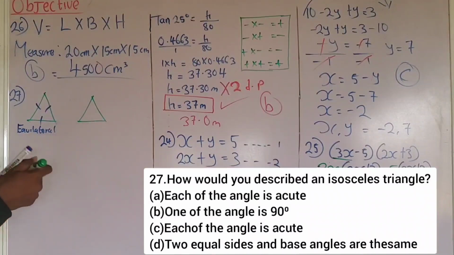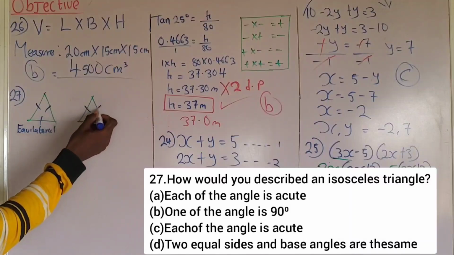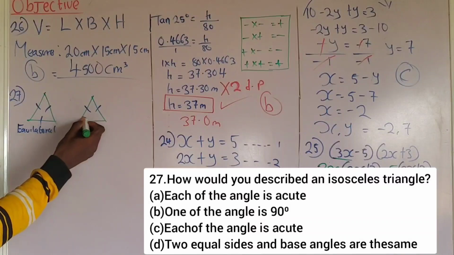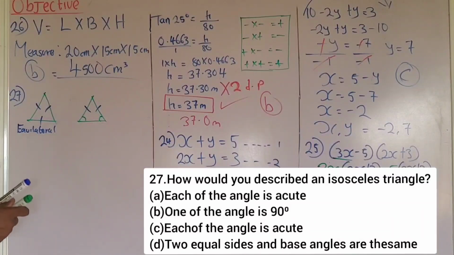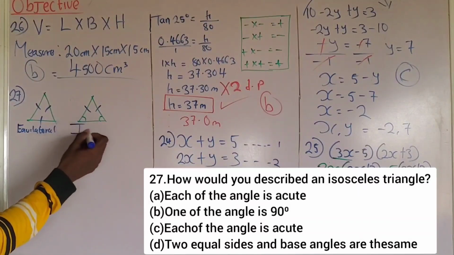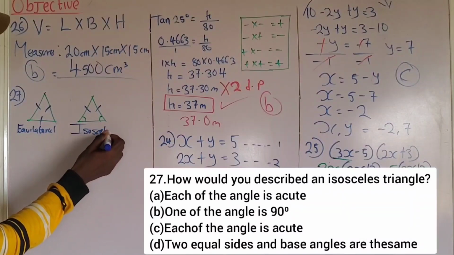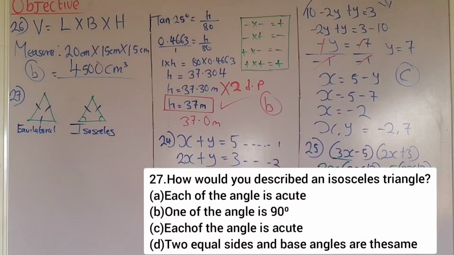An isosceles triangle is a type of triangle that has only two sides which are equal. Now, if the two sides are equal, that means the base angles are equal as well. This is an example of an isosceles triangle. So from the options, the right option to that question is option D.